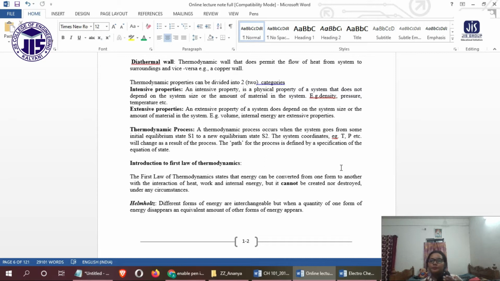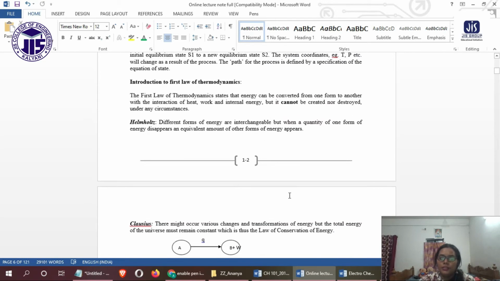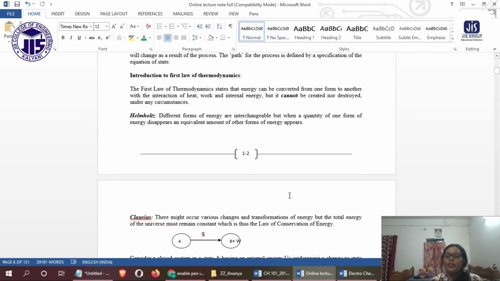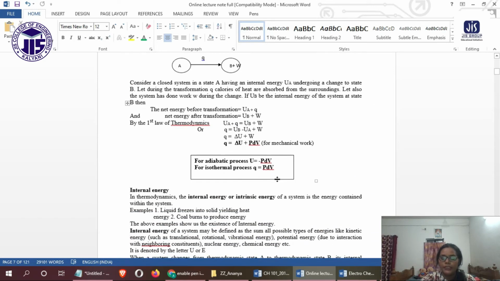Now the first law of thermodynamics we have discussed, that is, no energy can be created or destroyed, energy can only be converted into another form. This law is called the first law of thermodynamics.